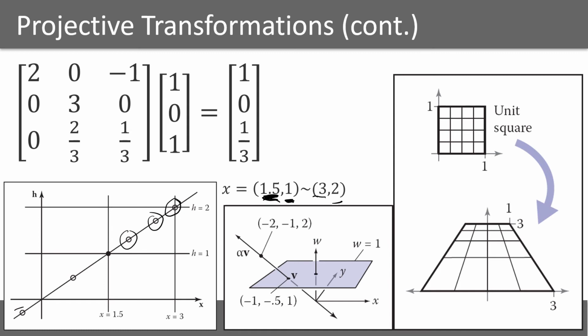All these points on this line are equivalent, and they are just a multiplication of each other, and our reference point of this line will be the point 1.5 with the homogeneous coordinate 1.